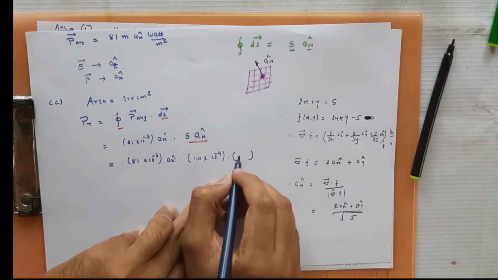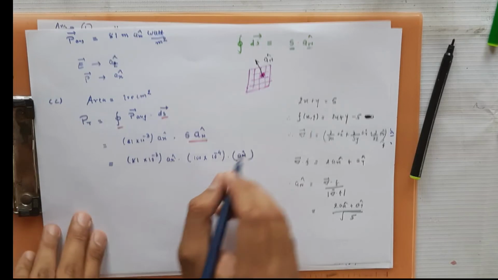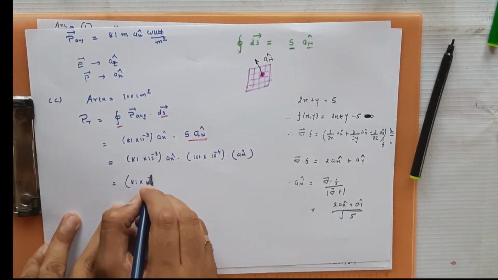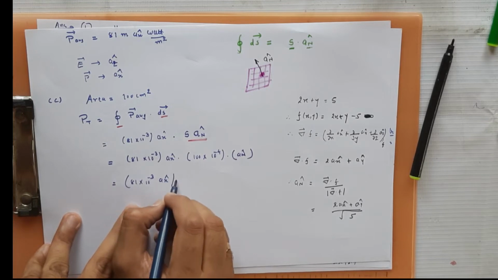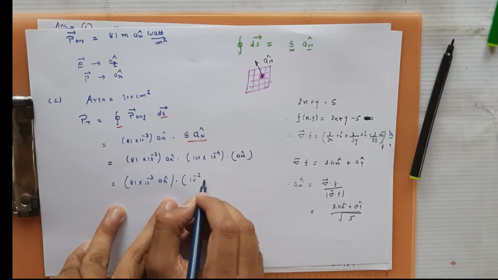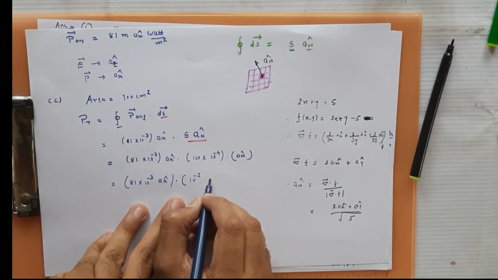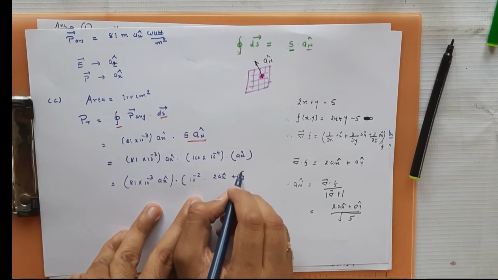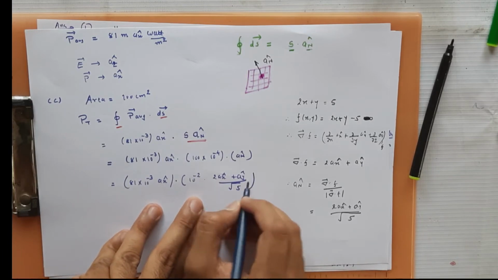So it is an, so we can write it this way. So this 81 into 10 raised to minus 3 ax dot product with 10 raised to minus 2 into 2ax plus ay divided by root 5.